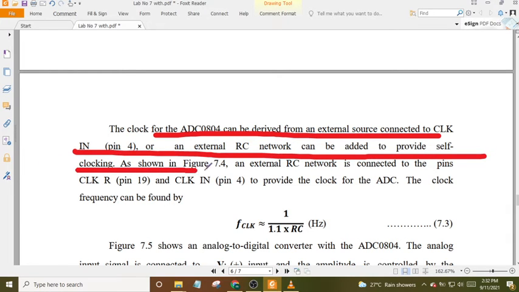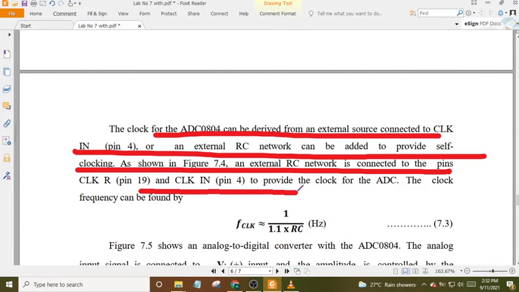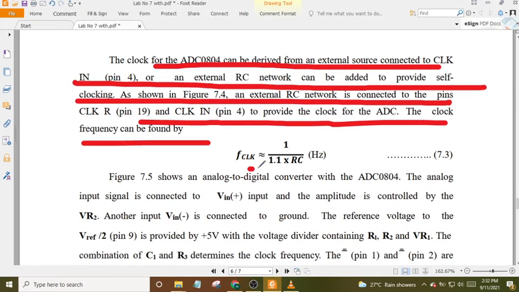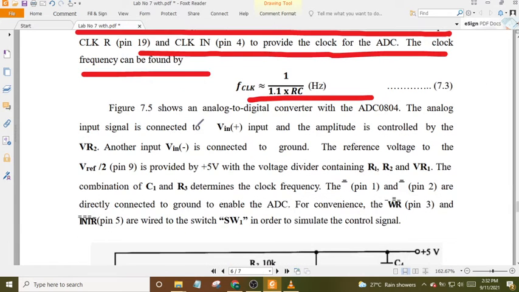As shown in figure 7.4, an external RC network is connected to pin CLKR, pin 19, and CLKIN, pin 4, to provide the clock for the ADC. The clock frequency can be found by Equation 7.3, in hertz.